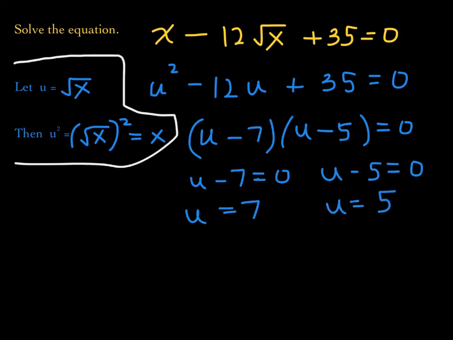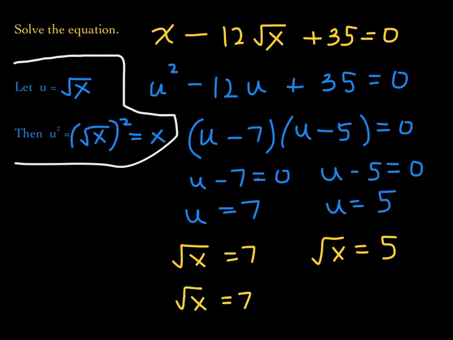Now, I need to back substitute. Remember that u just represents the square root of x. So when it says u is 7, it really means the square root of x is 7. And where it says u is 5, it's really the square root of x is equal to 5. So now I solve for the original variable, x. What I can do here is square both sides to solve for x. Let me show that here.